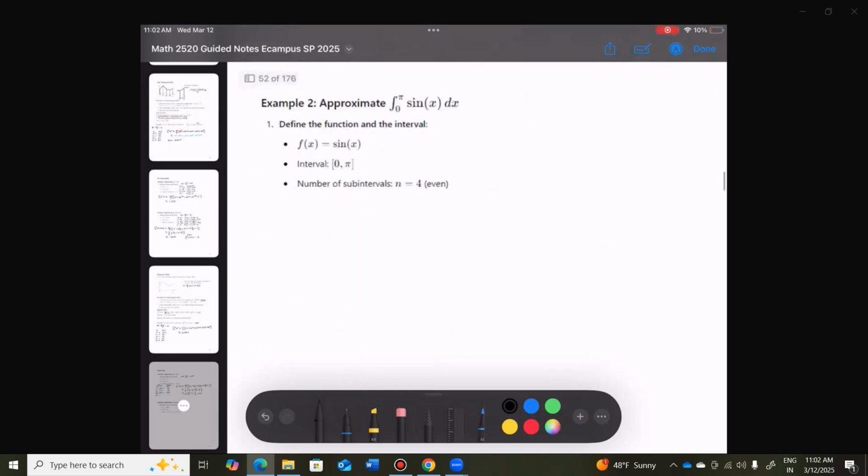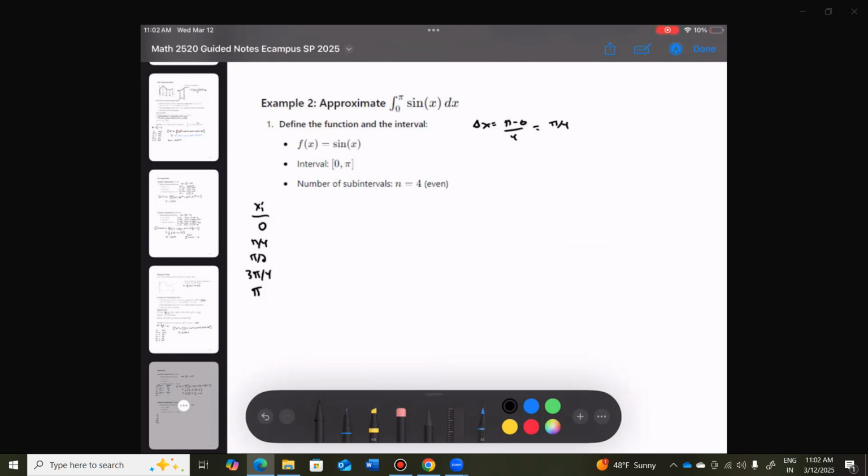Okay, one more we'll do, sine of x. So our delta x is pi minus 0 over 4, pi over 4. X sub i's: 0, pi over 4, pi over 2, 3 pi over 4, pi.